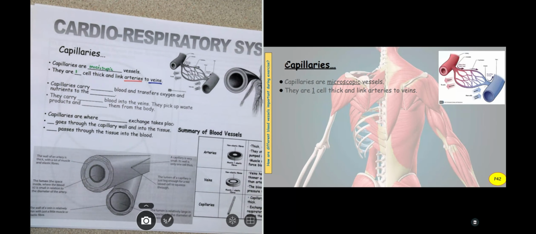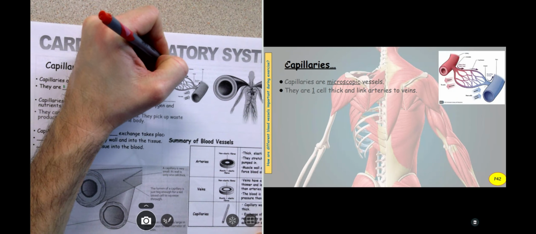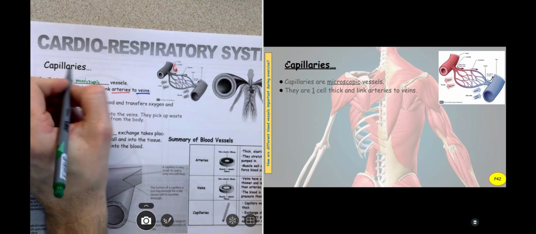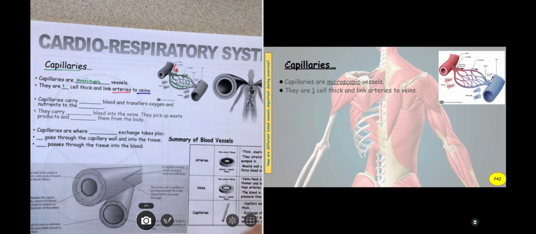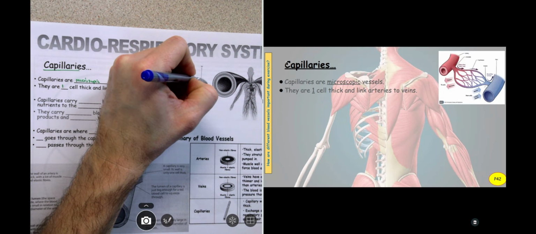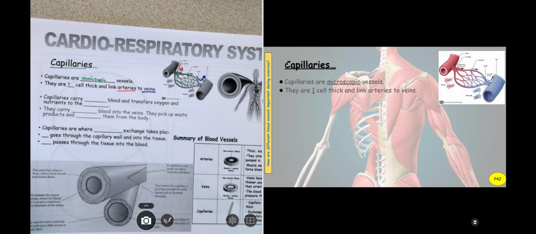The veins are bringing it back. So you can see in your little diagram there, it's a little bit small, but you can see the direction of blood flow of arteries bringing the oxygen towards the cells. The capillaries are the bits in the middle where those blood vessels get smaller and smaller and smaller until they're only 1 cell thick. The oxygen gets delivered, the carbon dioxide gets picked up, and then the veins bring the blood back.